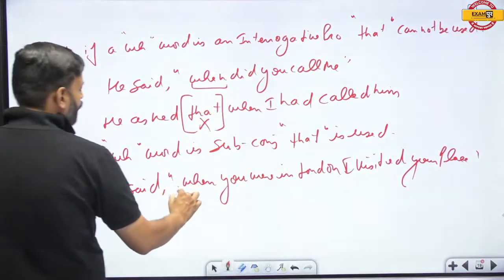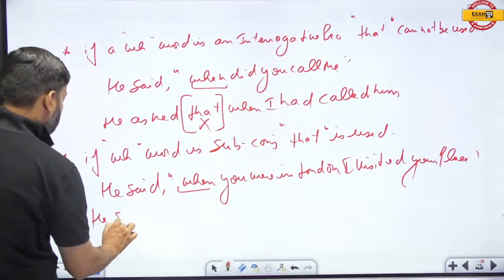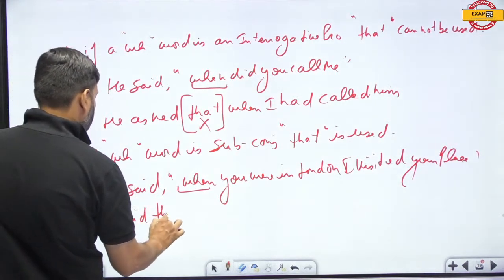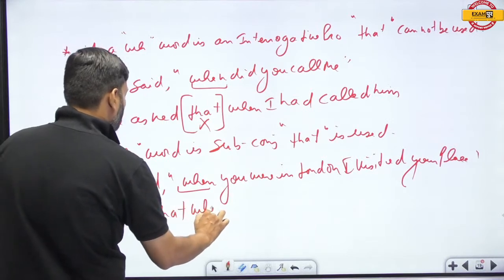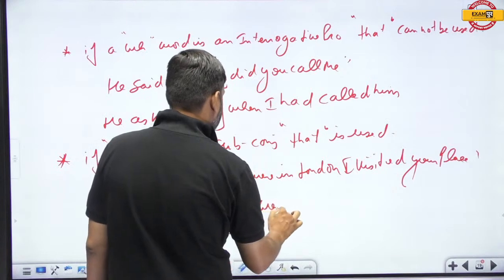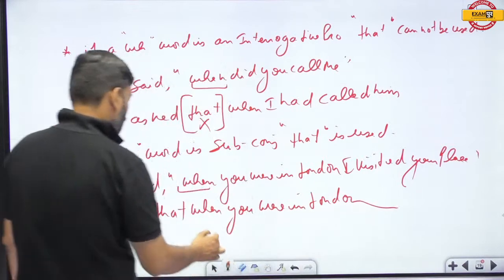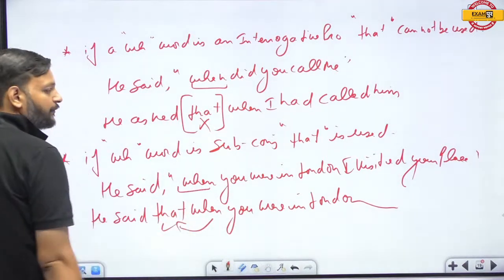So in this sentence, when is a subordinate conjunction. So he said that when you were in London, and so on. So here the use of that is absolutely correct.